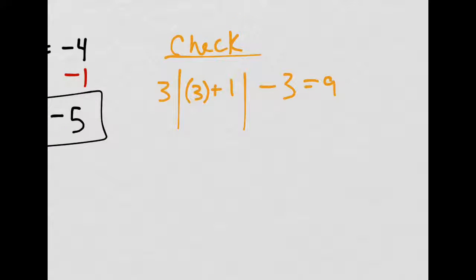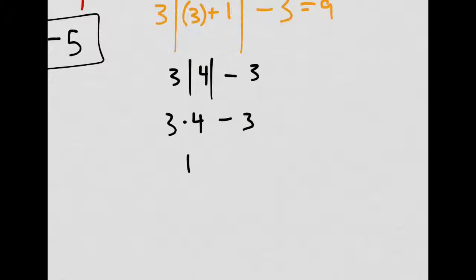Let's simplify. 3 plus 1 is 4. Absolute value of 4 is just 4. So this would be 4 times 3 minus 3. That's 12. Minus 3 is 9.